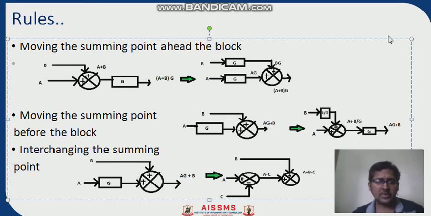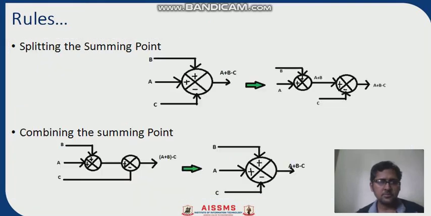Here, the left-hand side figure is equivalent to the right-hand side figure. As per the block diagram reduction technique, one should use any one of the rules as per the requirement. Similarly, splitting the summing point.